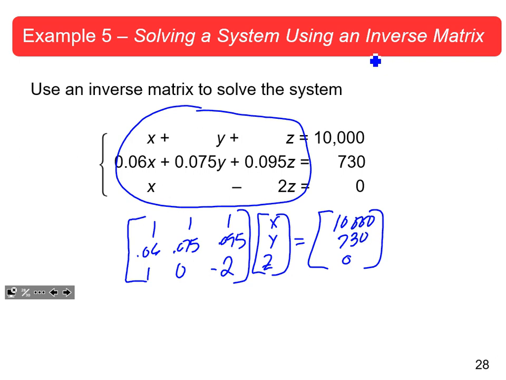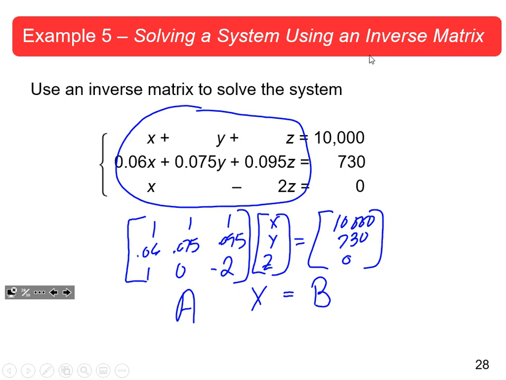Questions on this here? Okay. Go on and plug this into your calculator. So matrix A, we're going to have this first one here, 1, 1, 1, 0.06, 0.075, 0.095, 10, negative 2.